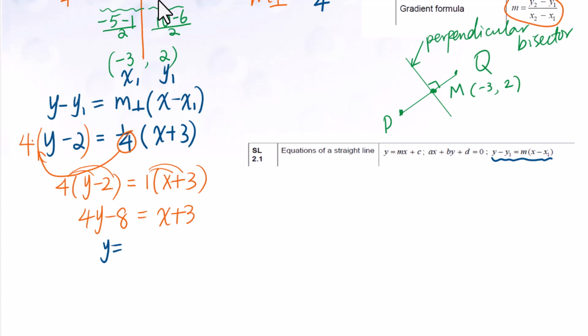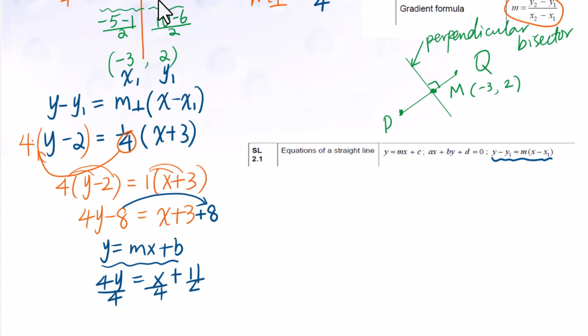For y equals mx plus b form, we need to isolate 4y on one side. So add 8 to both sides. 4y equals x plus 11. Then we divide both sides by 4. y equals 1 over 4 x plus 11 over 4.